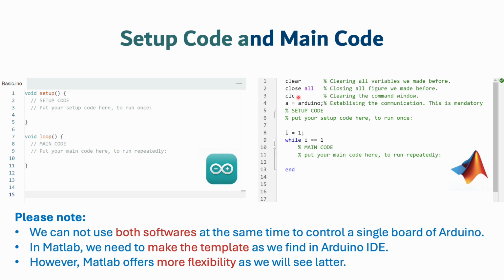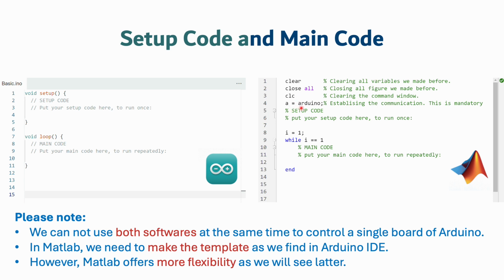Clearing all variables and all information written on the command window aims to avoid confusion. Sometimes the variables we have declared before are no longer useful to us. So at the very beginning of running the Arduino, we have to erase all variables we have made.